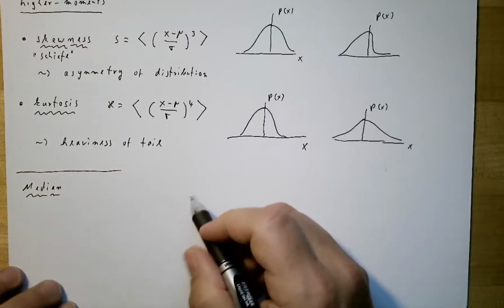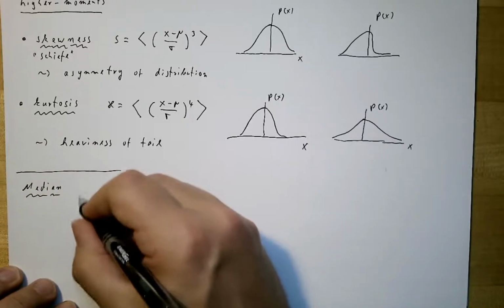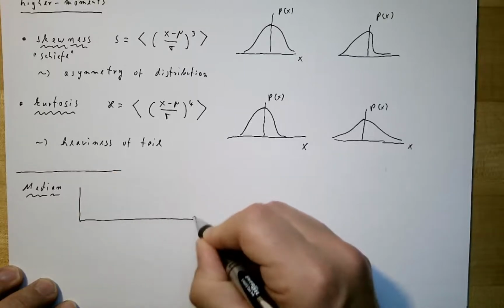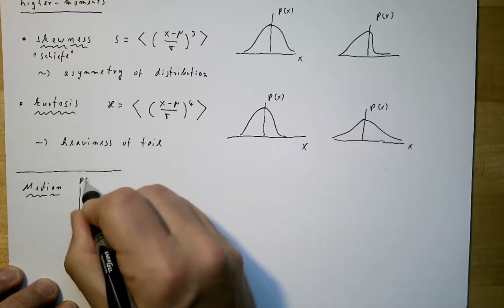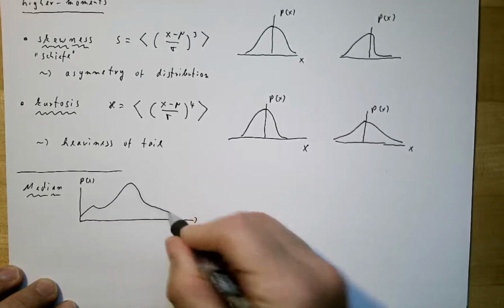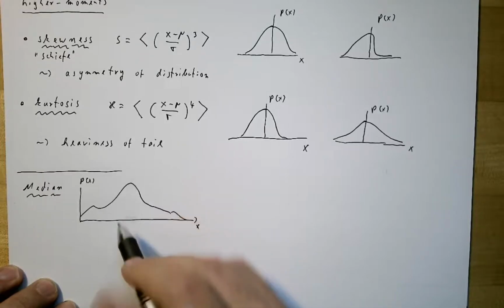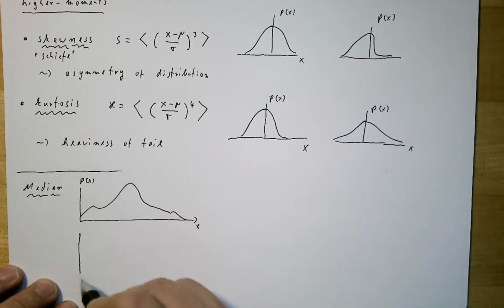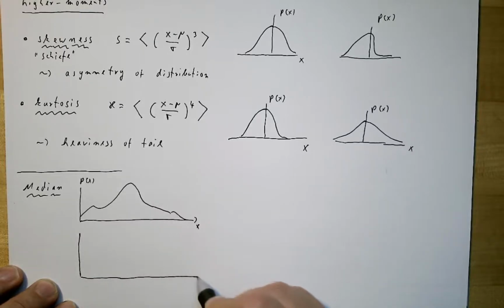Let's say we have our distribution P of x, which is centered here, and the mean should be somewhere here. So how can we systematically find this?